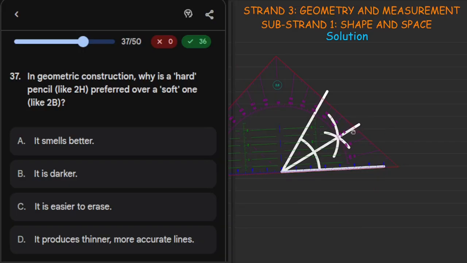The width of the line itself is very thick. Hence, a hard pencil produces what? Thinner and more accurate lines. That is the reason why 2H or the other grades of H are preferred over the other grades of B.